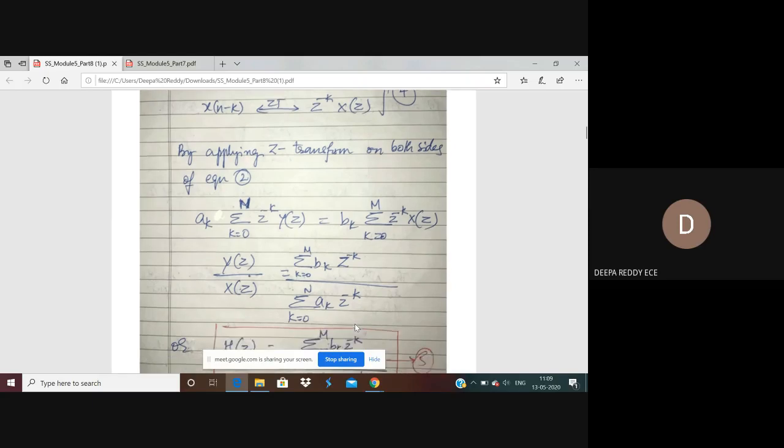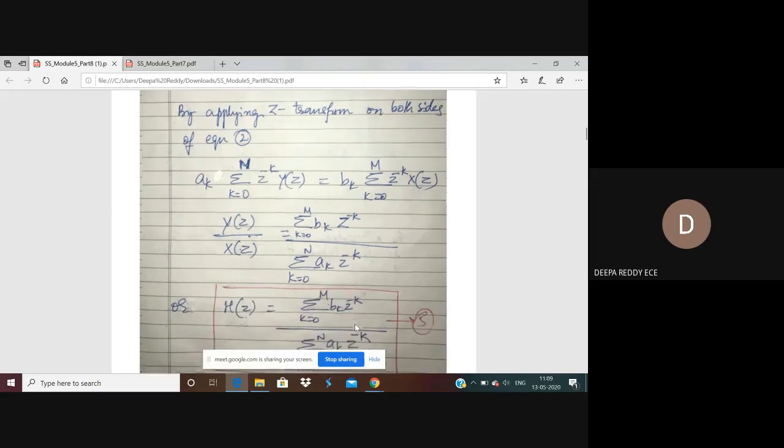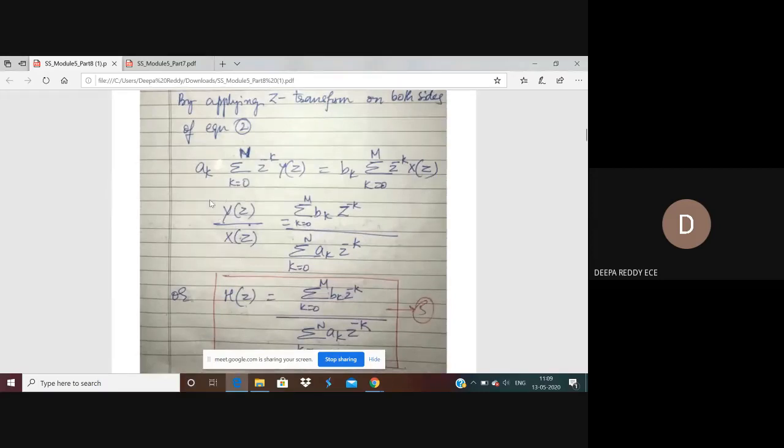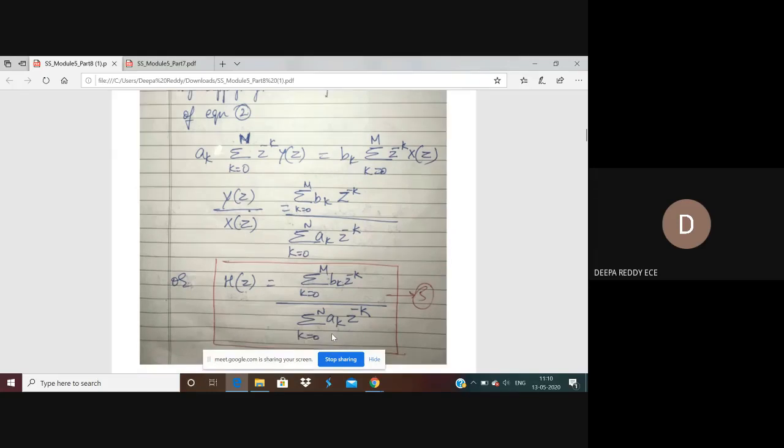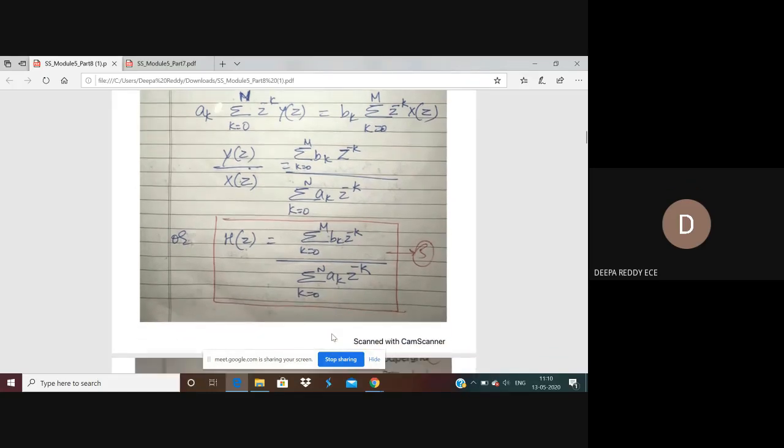So we will arrive at what is Y(z) by X(z). We have seen in the earlier discussion what is Y(z) by X(z). Output divided by input will give you what is called the transfer function, which we typically represent by the letter capital H. So this is the transfer function of the given LTI system. So H(z) is equal to summation k from 0 to m b_k z to the power of minus k divided by summation 0 to n a_k z to the power of minus k.